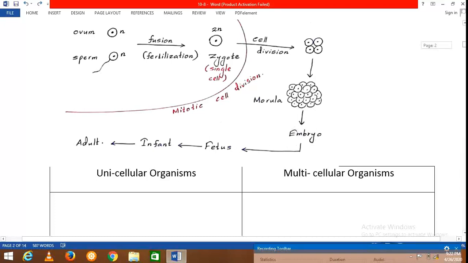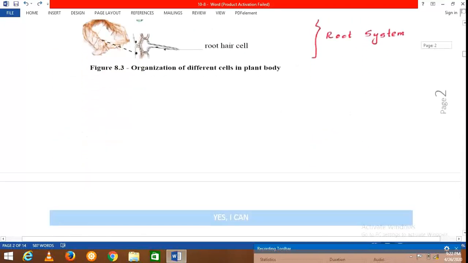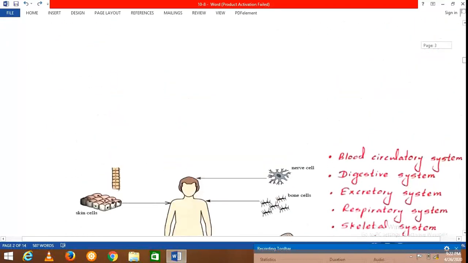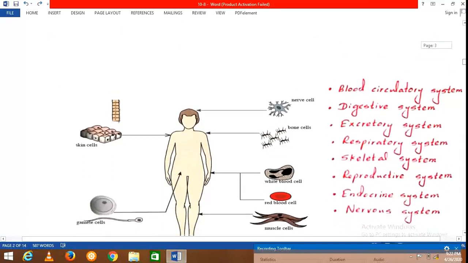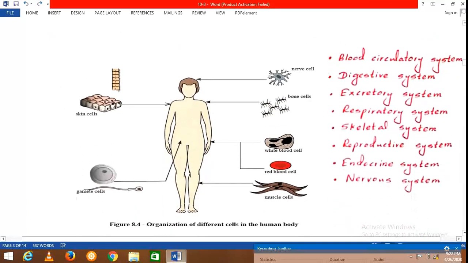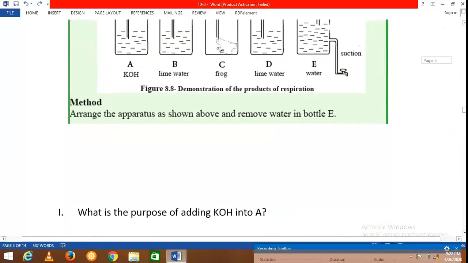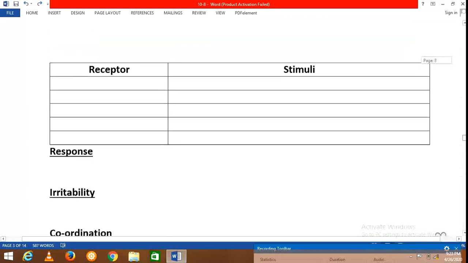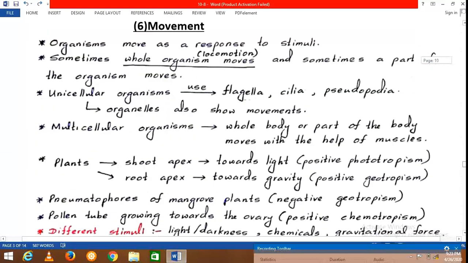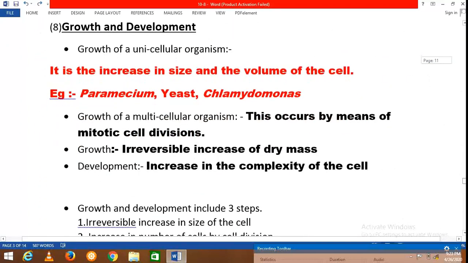The same cluster has been differentiated to form different tissues, different organs and different systems. That is what we call differentiation, the increase in the complexity of the cell. Increase in the complexity of the cell is known as development.